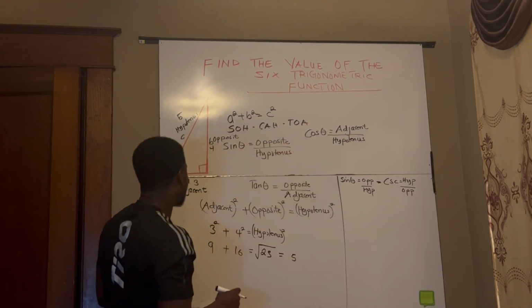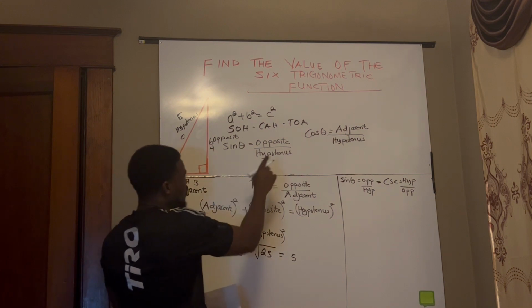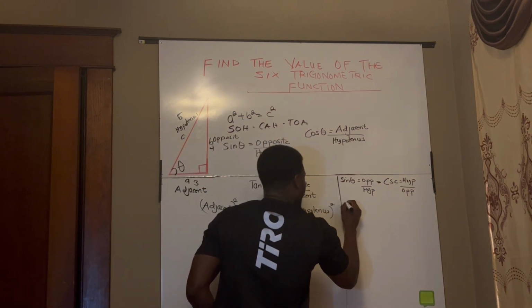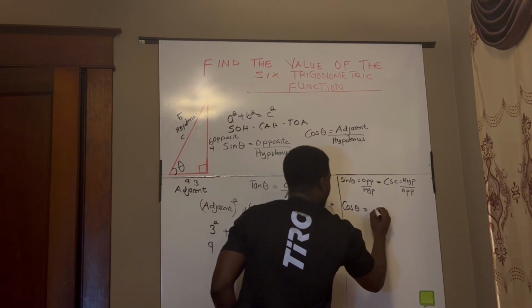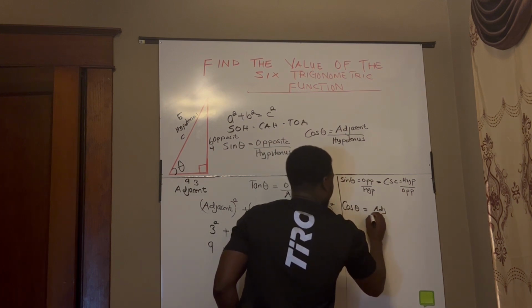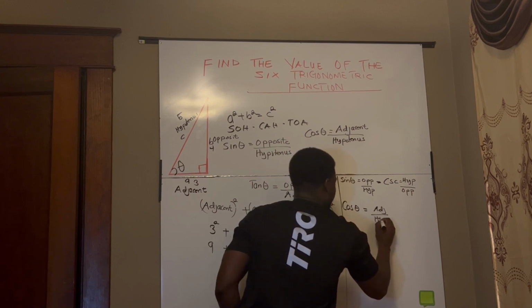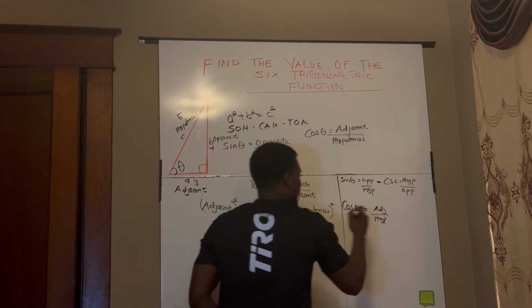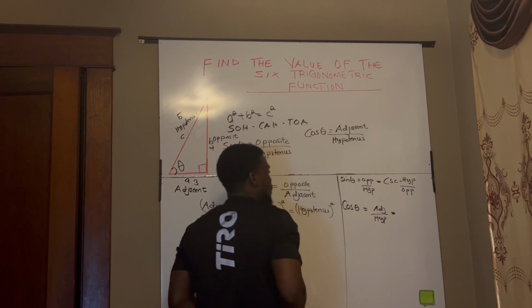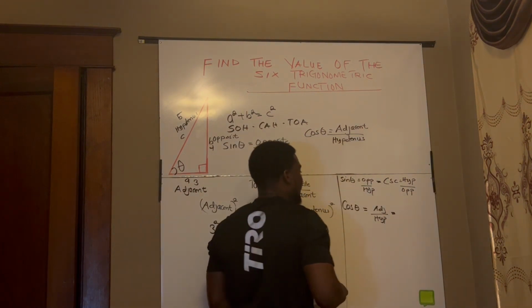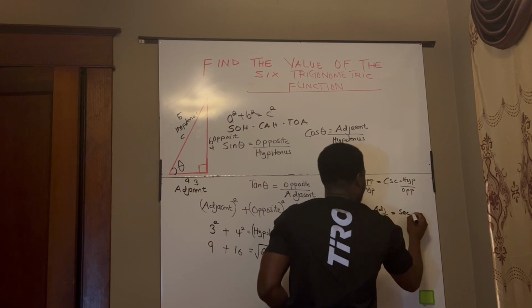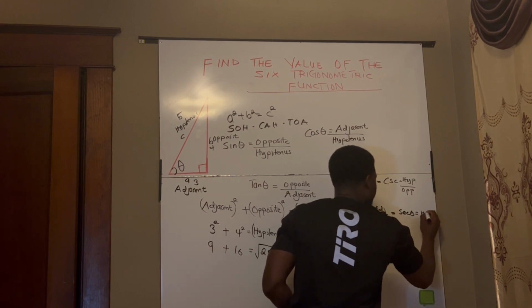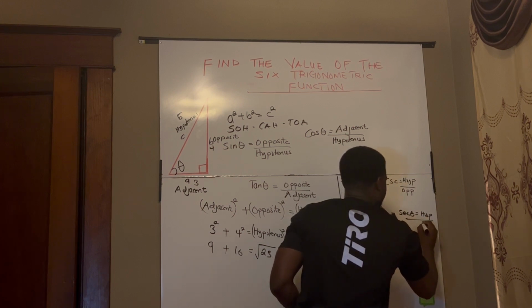Another one is cosine. Cosine theta is equal to adjacent over hypotenuse. Its reciprocal is secant. So secant theta is equal to hypotenuse over adjacent.